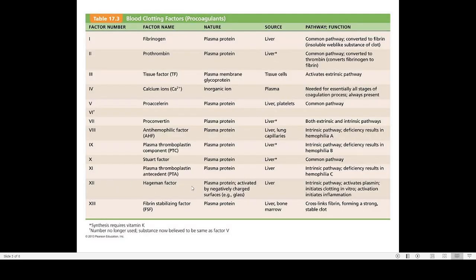Factor 9 is plasma thromboplastin component, PTC. So PTC, PTA, Hageman factor.